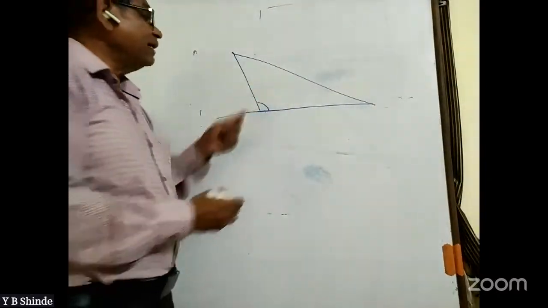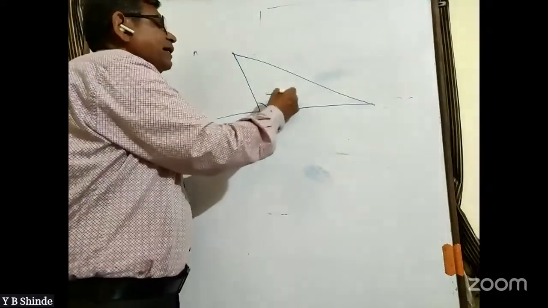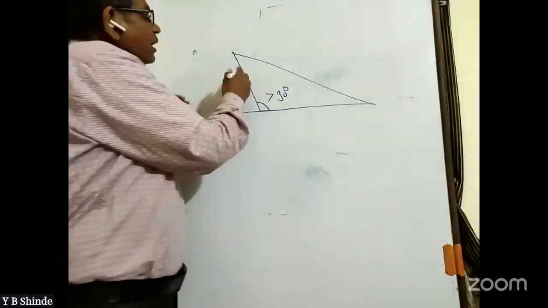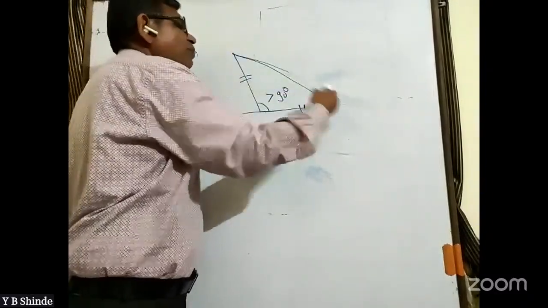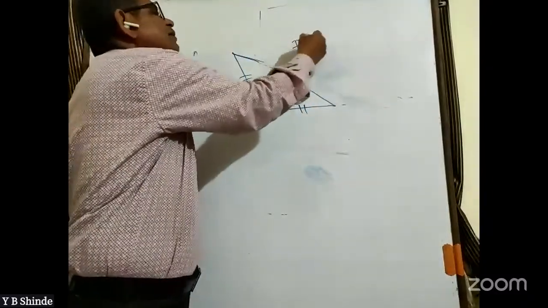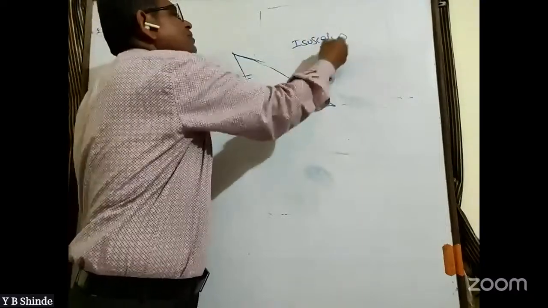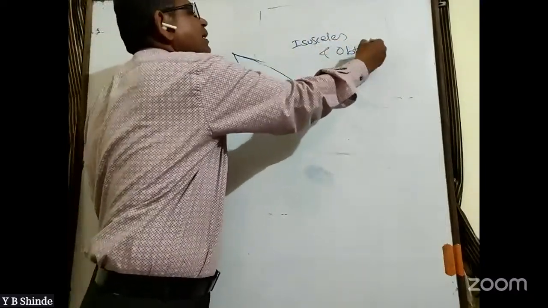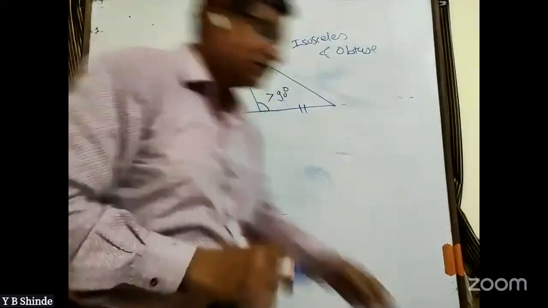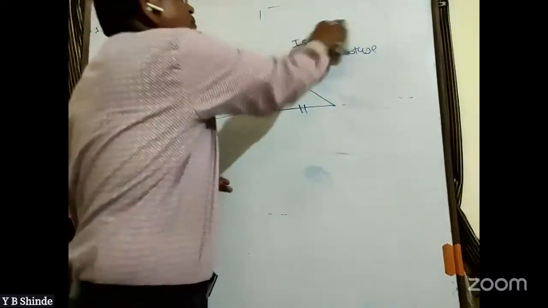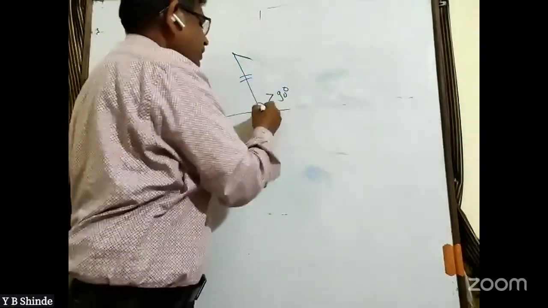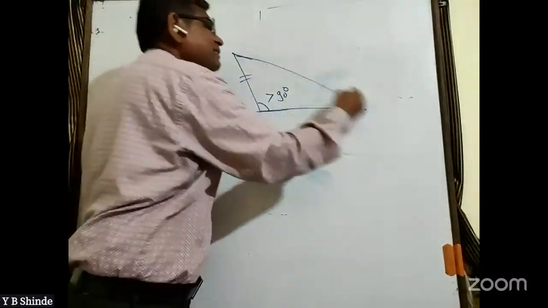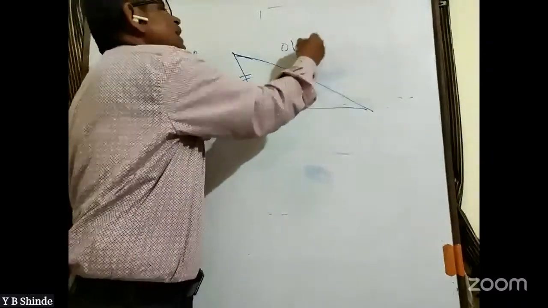The angle is greater than 90 degrees, and these two sides are equal. Isosceles and obtuse angle triangle. Let me delete the word isosceles, only obtuse angle, and then I will consider the isosceles obtuse angle triangle.